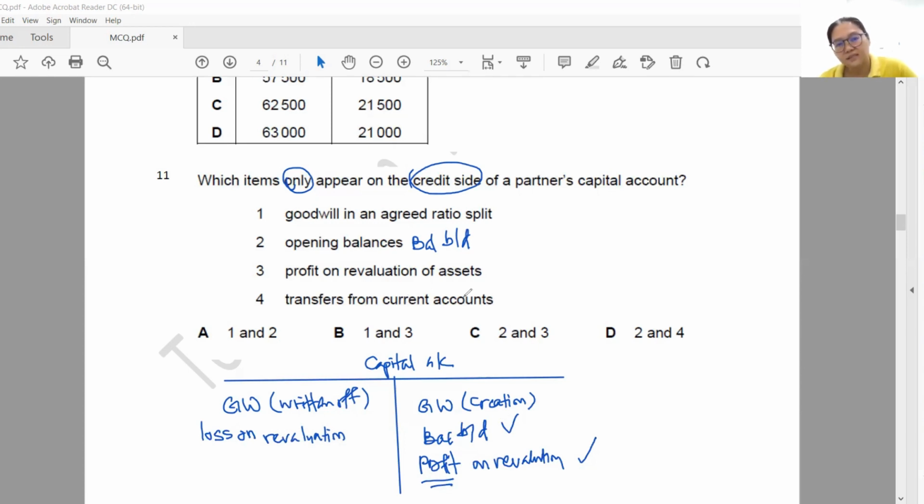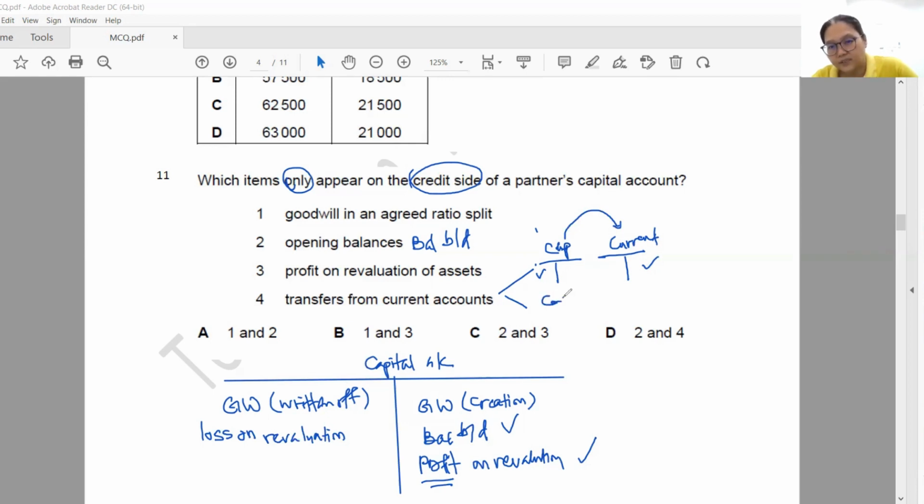Transfer from current account could be debit or credit.